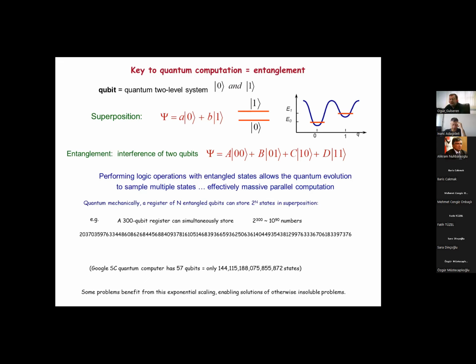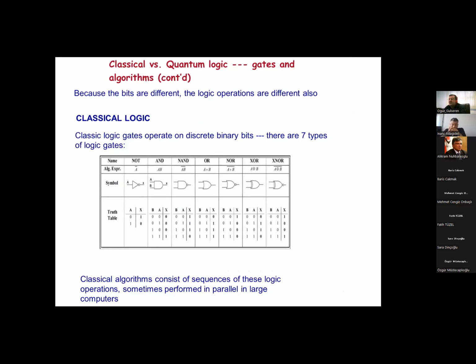Instead of going to parallel implementation, you just directly go to the parallel computation, then you will benefit from the scaling with this. So I will not go to look at each single one. As I said, these are the classical logic operations.